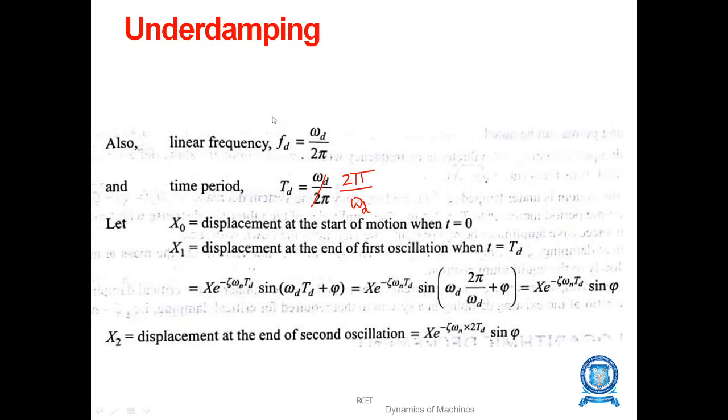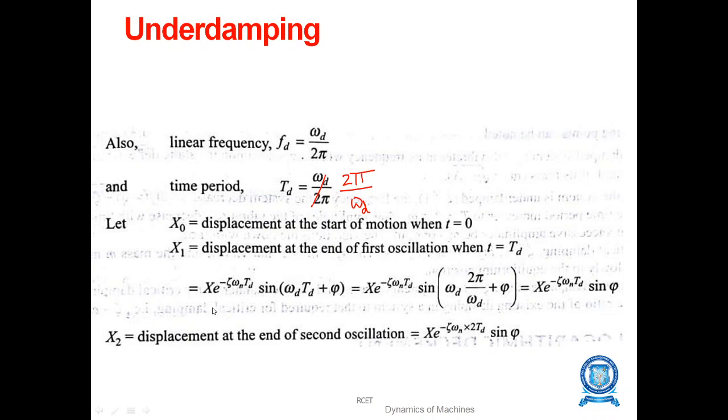So finally, finding the values using the frequency formula, fd equal to omega d by 2 pi, and the time period td equal to 2 pi by omega d, where h naught is the displacement at the start of the motion when t is equal to 0, and h1 is the displacement at the end of the first oscillation, when t is td.